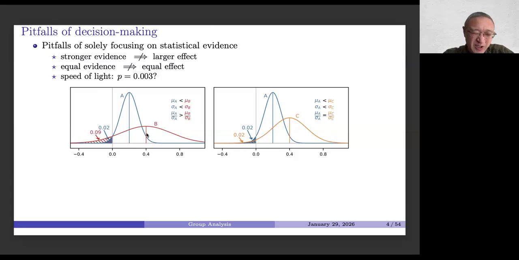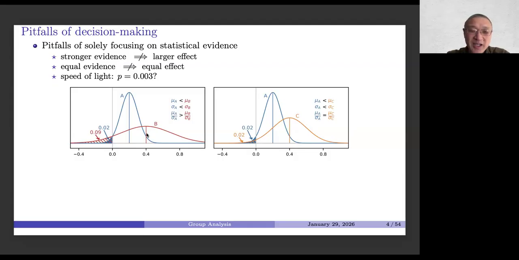Under the null hypothesis significance testing framework, we would say this evidence is strong. In contrast, the red one is weak because the p-value is 0.09, with a large survival thresholding. But if you look at the distribution for each of the two effects, most of the time, the red one is bigger than the blue one.